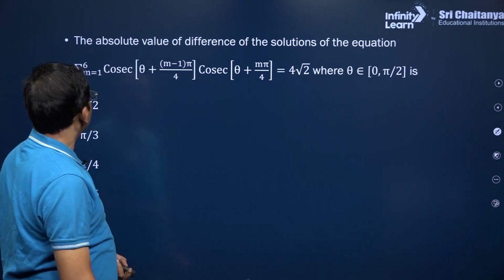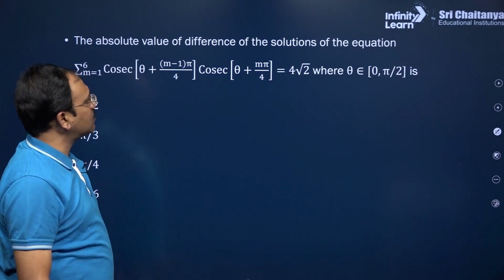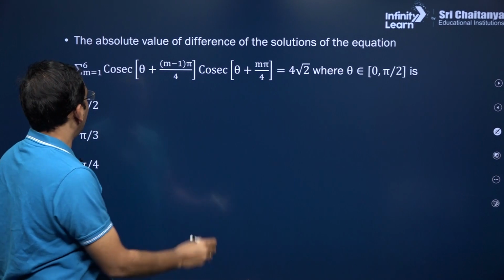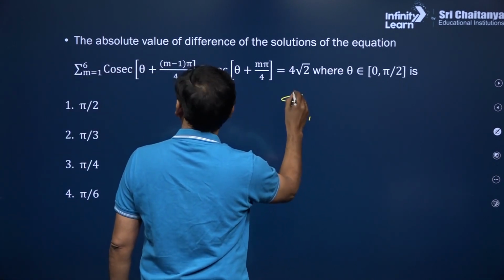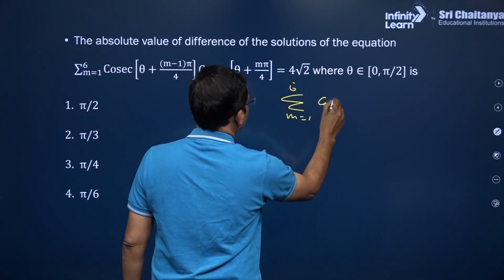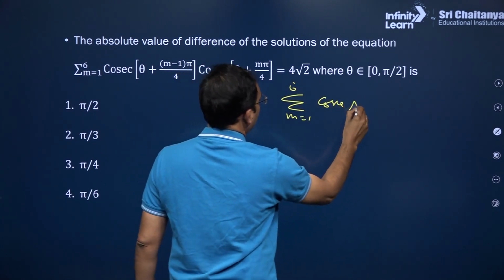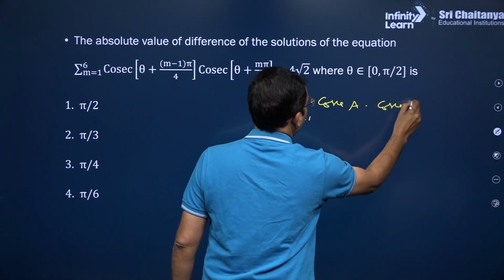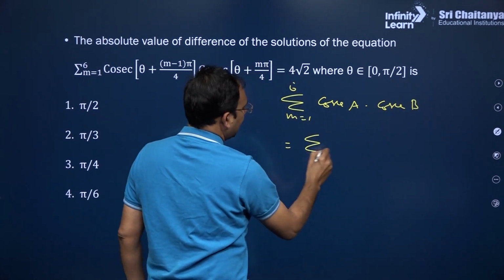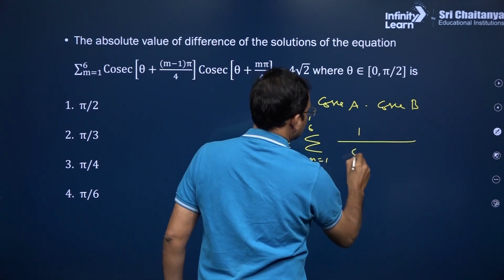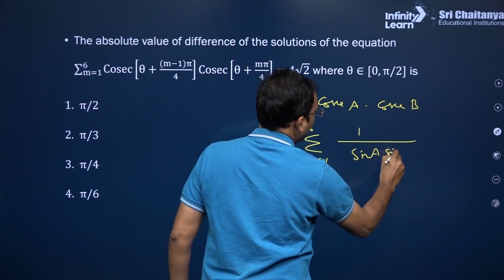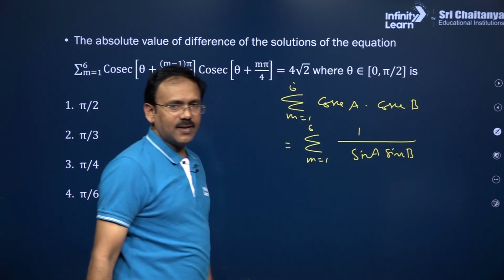Next, my dear friends, the absolute value of difference of the solutions of the equation. And here you just take sigma m is equal to 1 to 6, you treat cosecant A into cosecant B. So, let me write sigma m is equal to 1 to 6, 1 by sin A sin B, my dear friends.